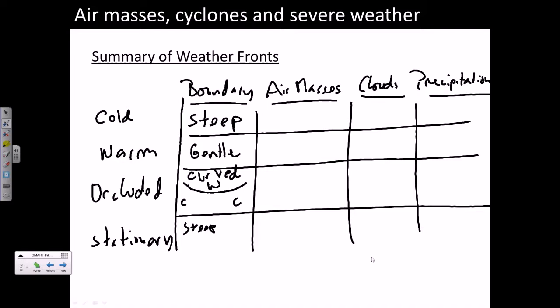In this case, for the air masses, the cold air is for the cold front. What we're going to find is the cold air collides with the warm. For the warm front, we've got warm air that does the colliding or the catching up to the cold air.